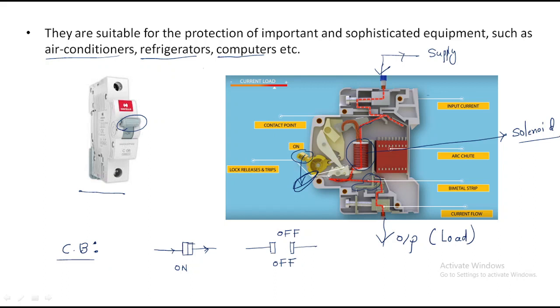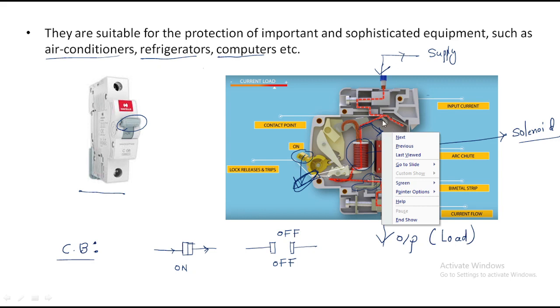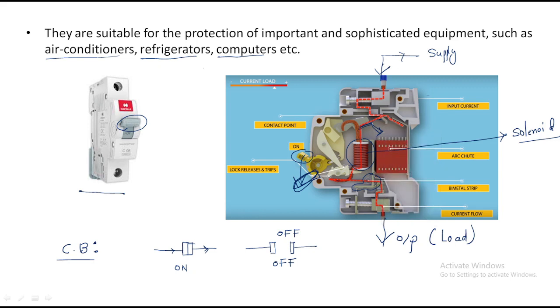Whenever it goes downwards, automatically the contact will be cut here. The contact is like this. Whenever the contact is like this, automatically it will be open, meaning there is no current flow. So this is the procedure for the overcurrent.